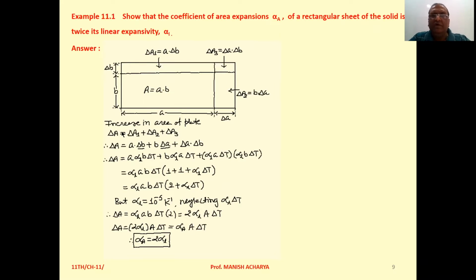So the increase in the area of the plate delta A is delta A1 plus delta A2 plus delta A3.